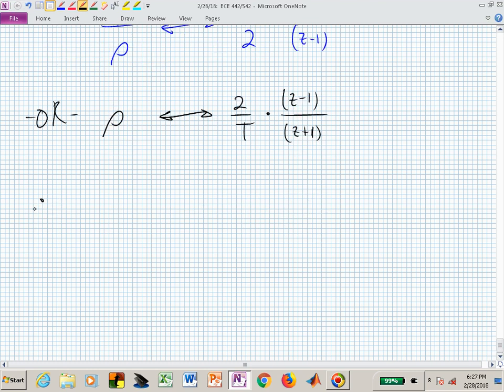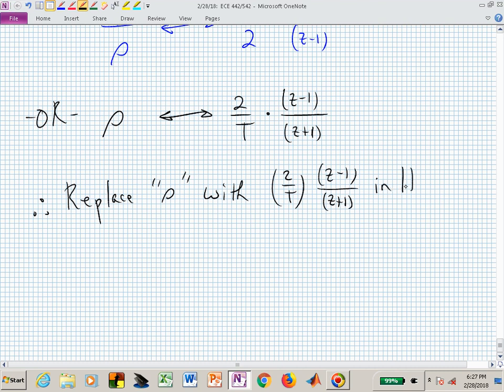And in this case then, therefore, we replace s with 2 over T, z minus 1 over z plus 1, in a generic transfer function, capital H of s, to obtain H of z.